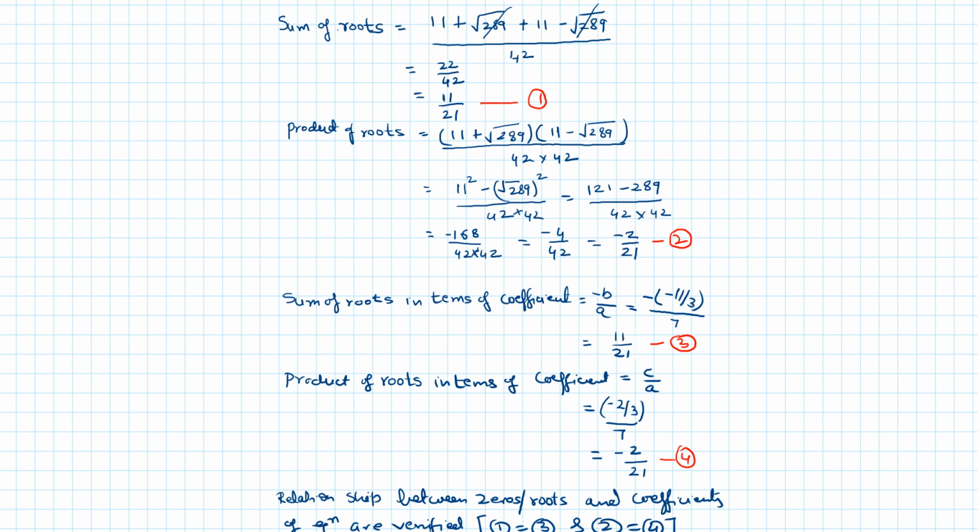So we can map the given equation with respect to ax square plus bx plus c equal to 0, find a, b and c, and substitute those values here. So we get minus 2 upon 21 as the product of roots in terms of coefficients, and you can see that these things are matching.